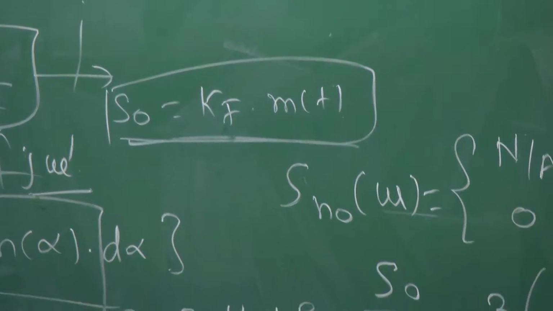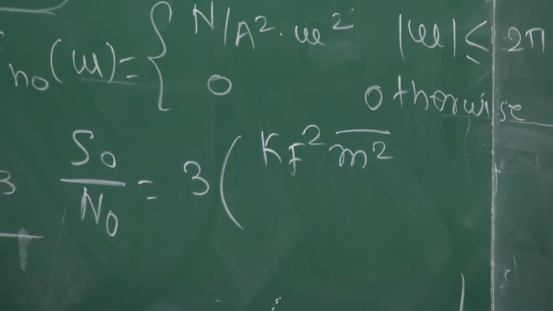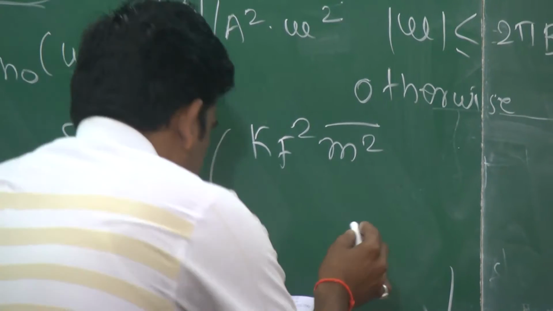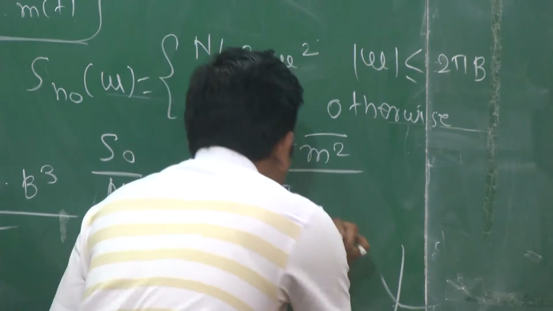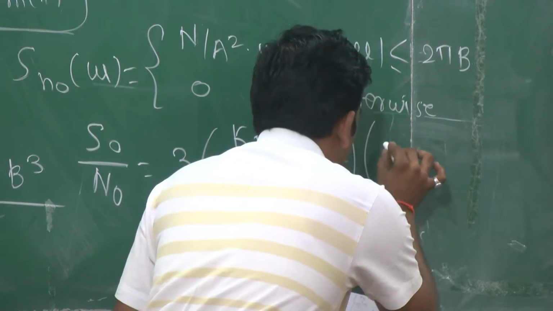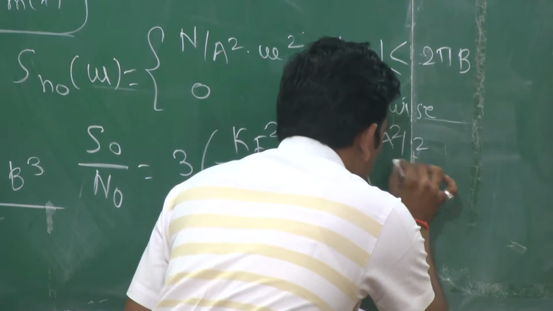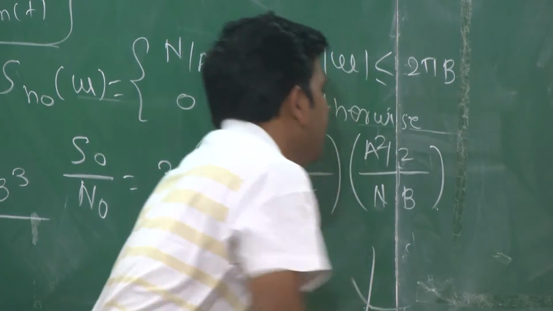We have to find out the average power, kf square into expected value of m of t square, divided by 2 pi B square into A square by 2 divided by NB.